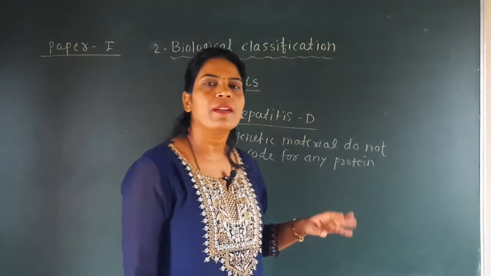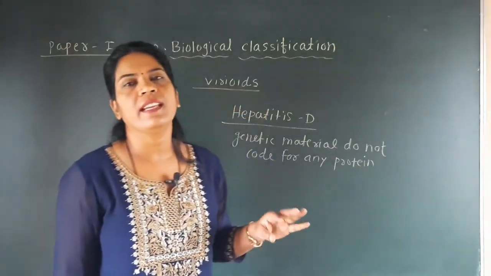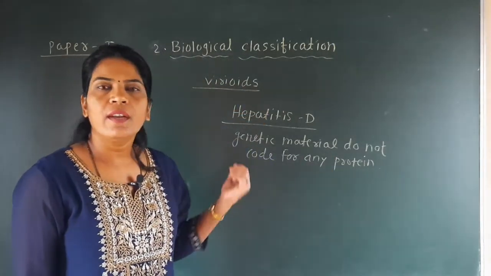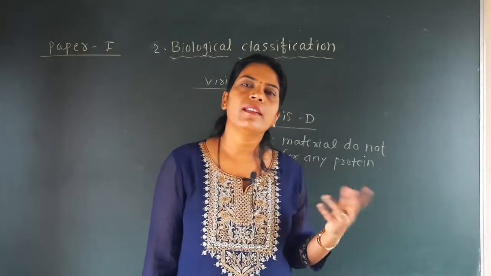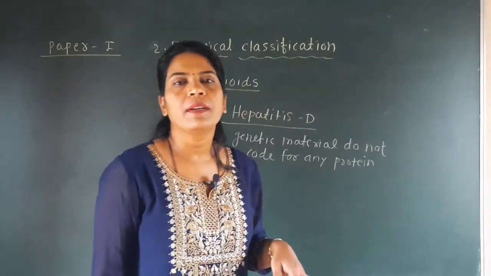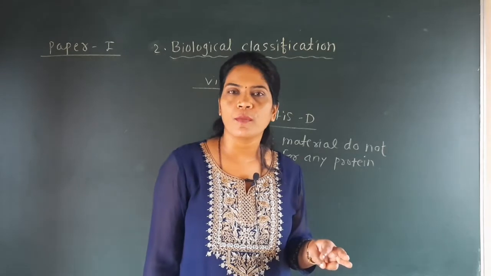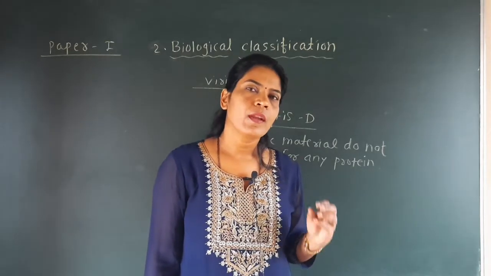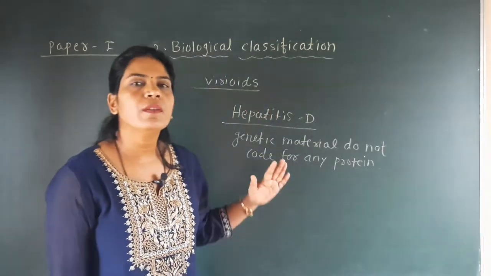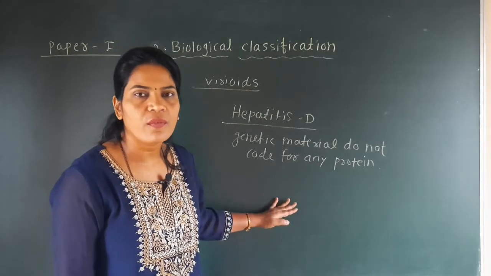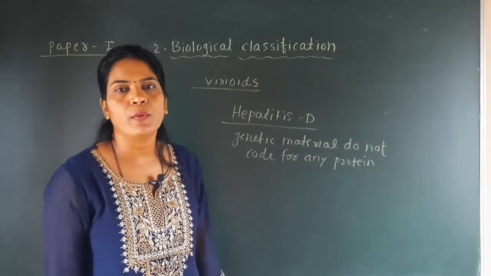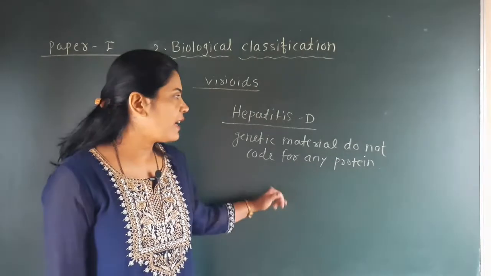That means the genetic material, whether it is RNA or DNA, forms the protein. In a virus, the genetic material is either DNA or RNA, and this genetic material forms the protein molecule. But here, even though RNA is present, it does not form any type of protein molecule. This is the additional information.